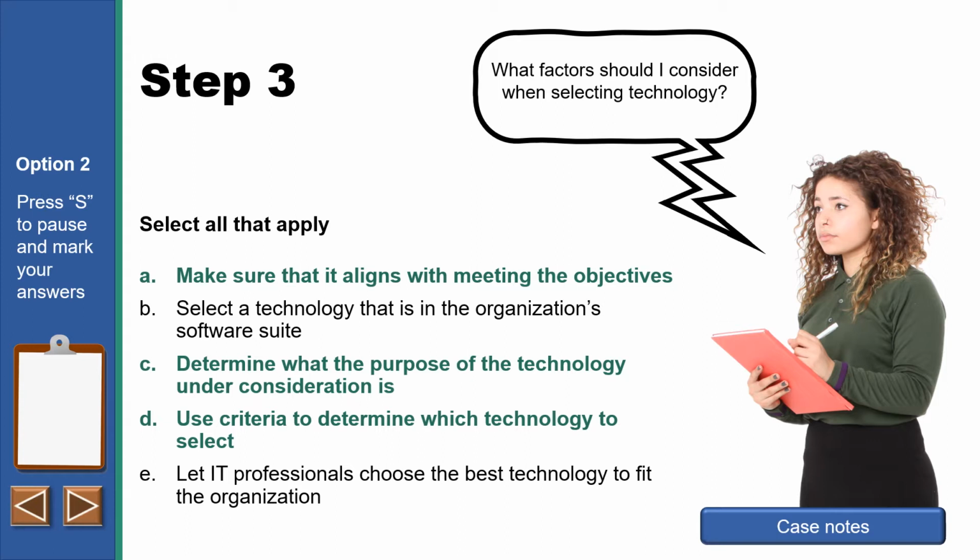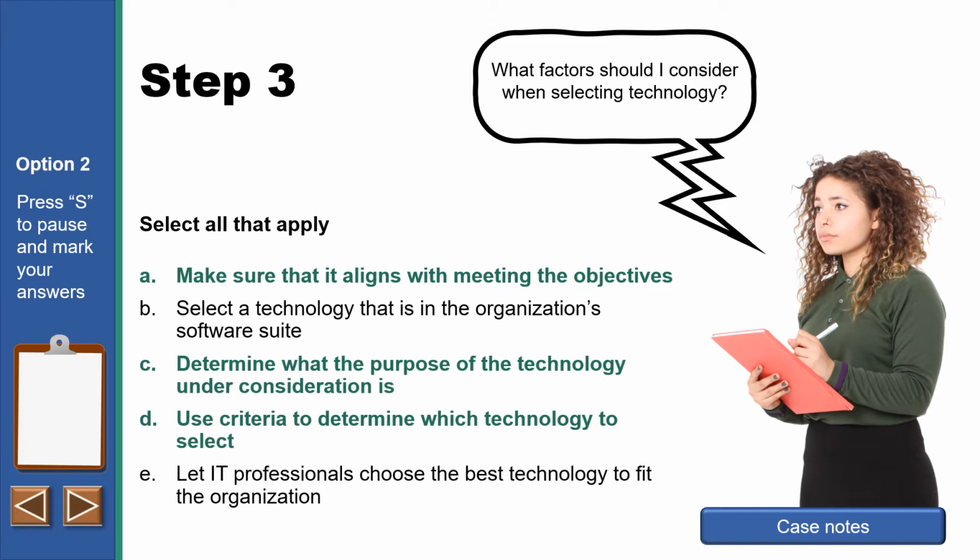And use criteria to determine which technology to select. Some of the criteria that they suggested are functionality, cost, ease of use, features, networking, security. And some of the reasons that I did not select technology that's in the organization software suite, they said consider that, but don't select it because it's in the organization suite.